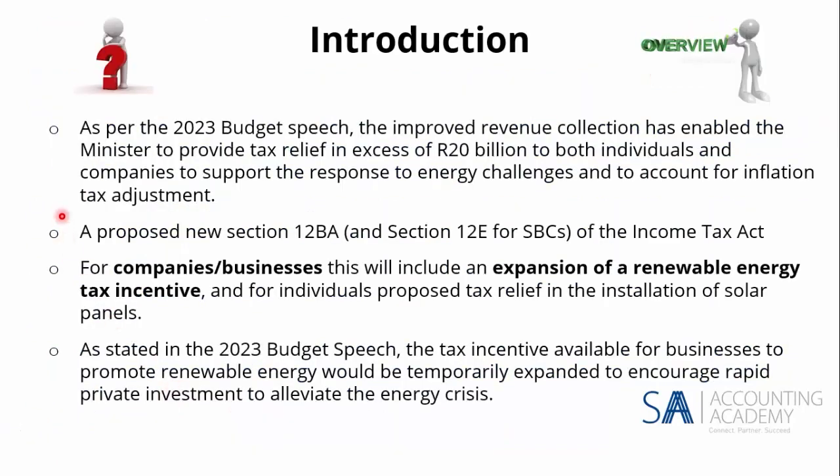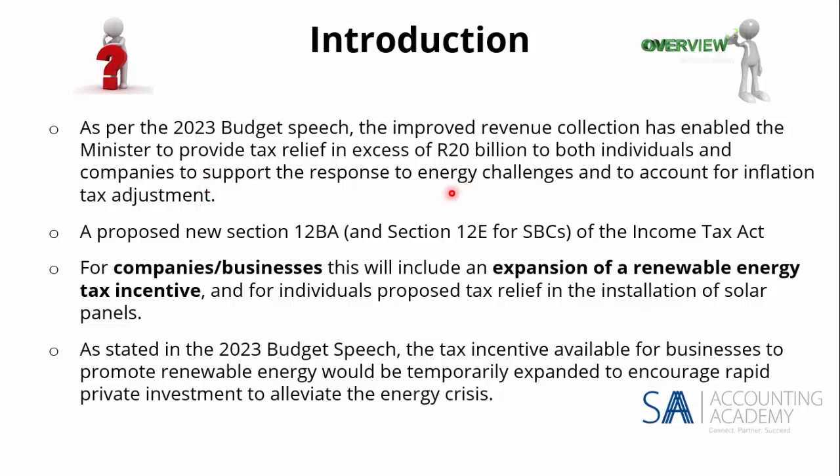Part of the introduction: in the budget speech this year, because of the improved revenue collection, the minister provided tax relief in excess of 20 billion rand to both individuals and companies. It looks actually more like 9 million than 20 billion, if I go and read through the relevant documents on the budget support scheme later on.